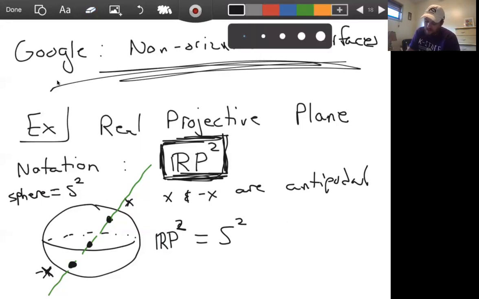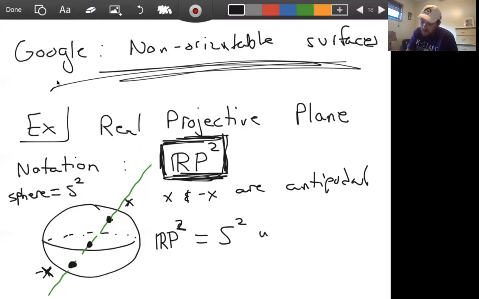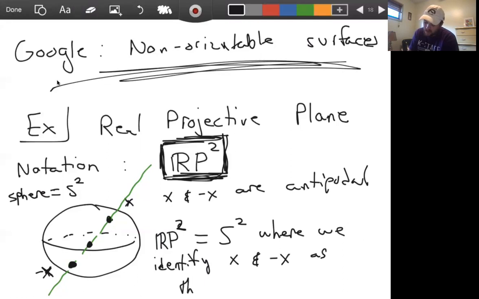RP2 is the sphere where we identify X and negative X as the same point.